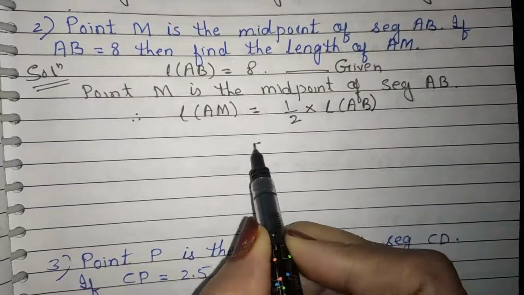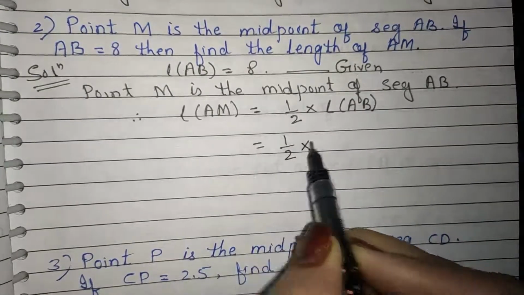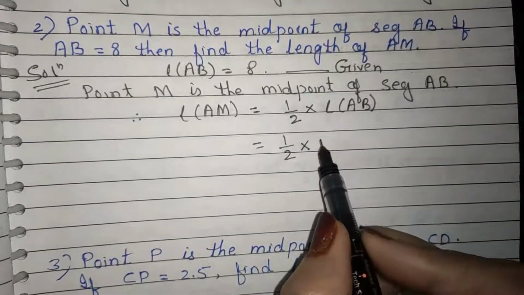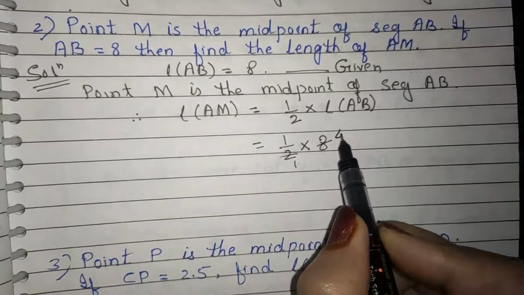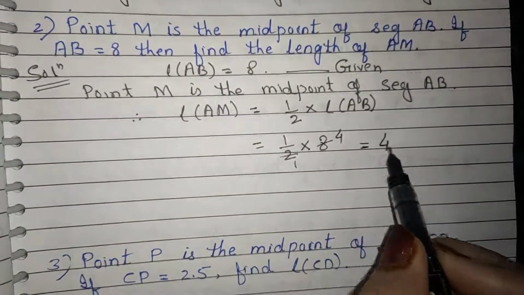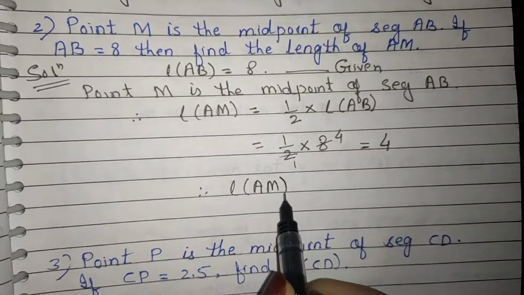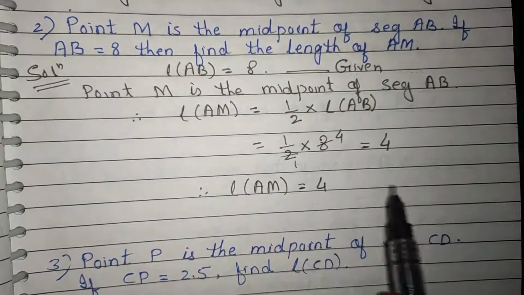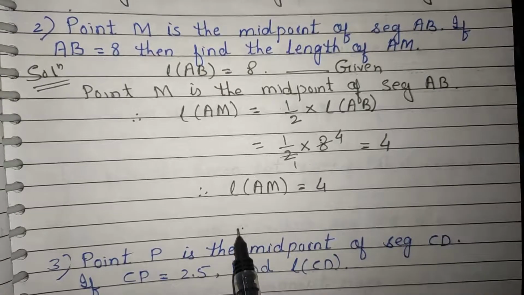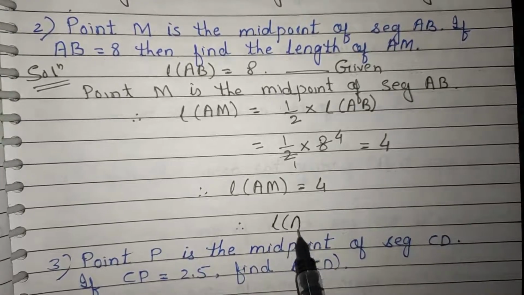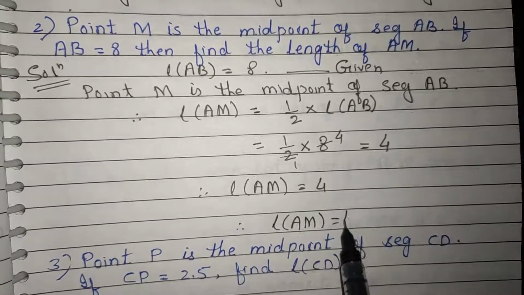Now substituting the values, we get here 1 upon 2 into length AB, which is 8. 2 ones are 2, 2 fours are 8. Therefore we get here 4. Therefore length AM is equal to 4. Write down the answer. Length AM is equal to 4.